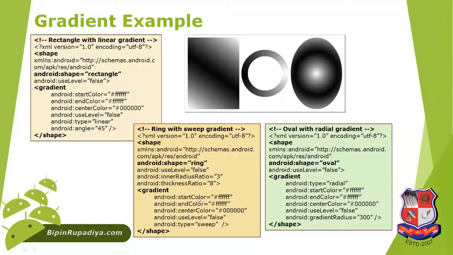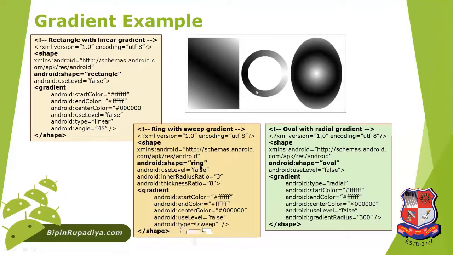Okay, now just see here, type is changed to sweep gradient. So the filling of color process is changed. Just see the comparison of linear to sweep gradient. In linear, in this particular angle, that color is filled, because we have specified a 45-degree angle. But in a sweep gradient, the color is filled clockwise.